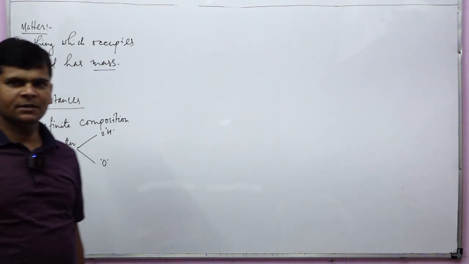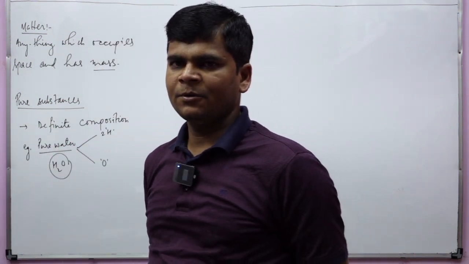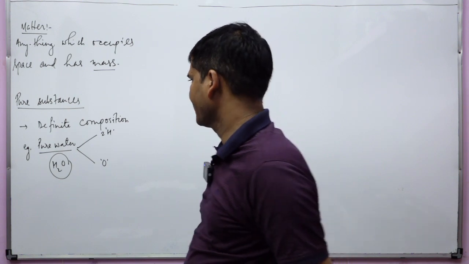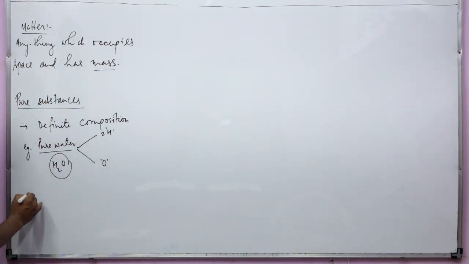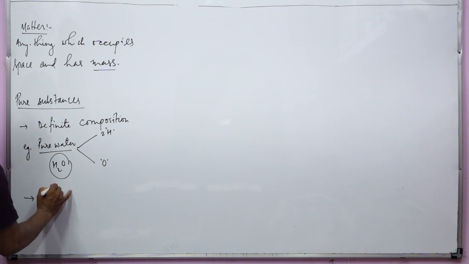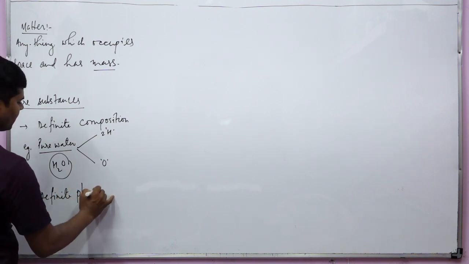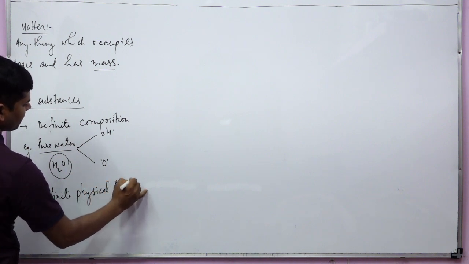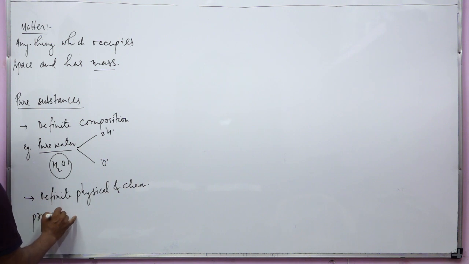So there is definite composition of elements in a pure substance. Because of this definite composition, definite physical and chemical properties are also seen.